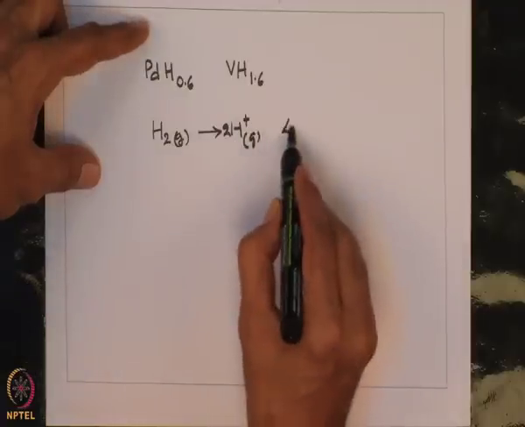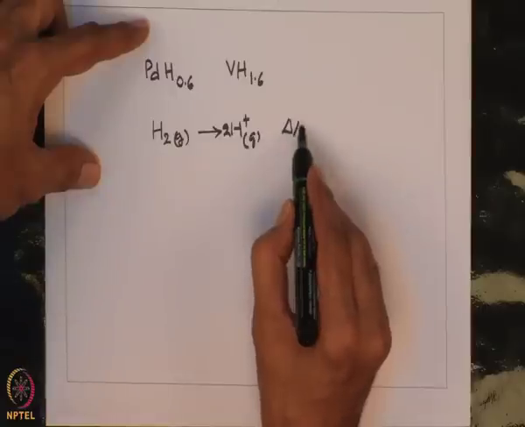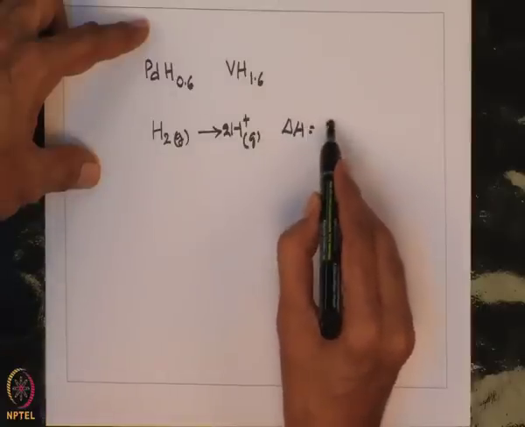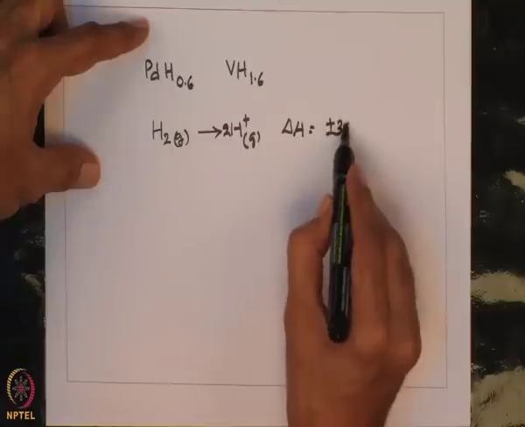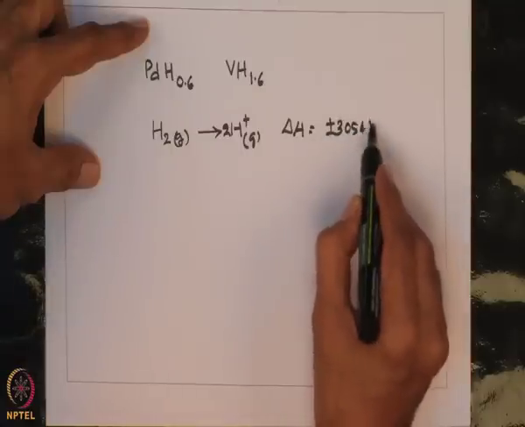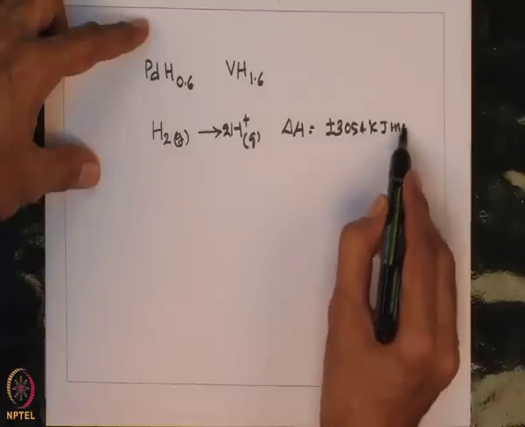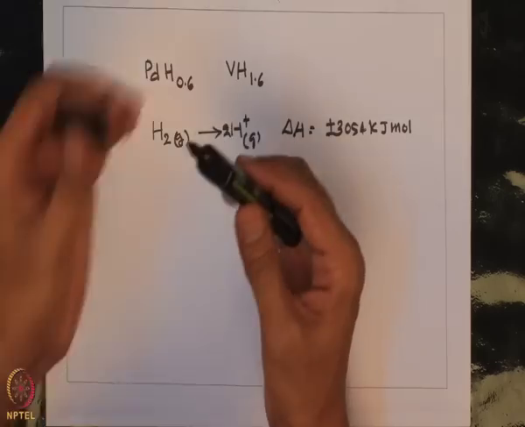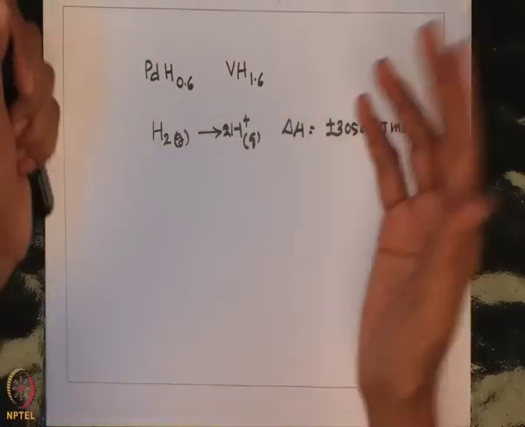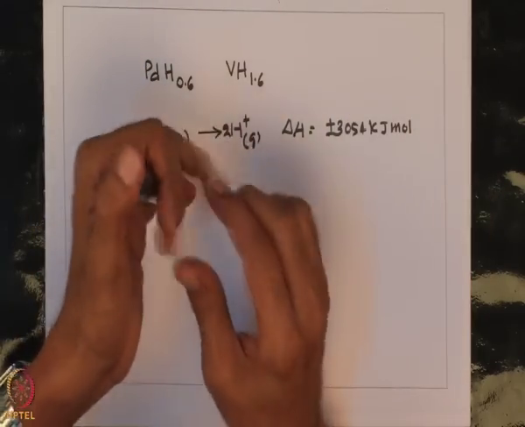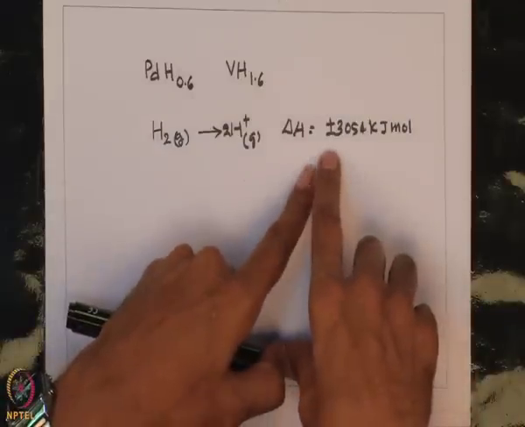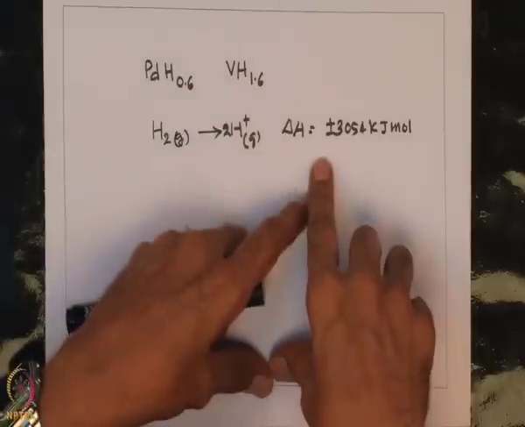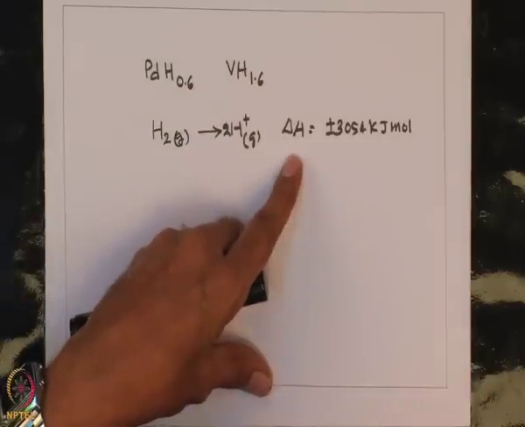Here the energy required for this is plus 3045 kilojoules per mole. So, it is not very easy to generate H plus ions from H2. Of course, one can perform this in the gas phase, but it requires a large amount of energy, as can be seen from this reaction enthalpy.